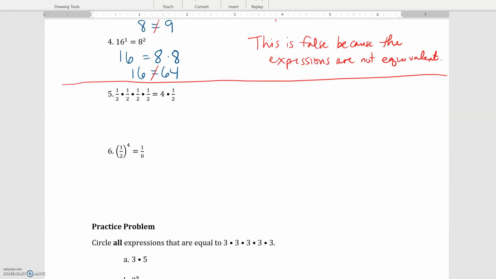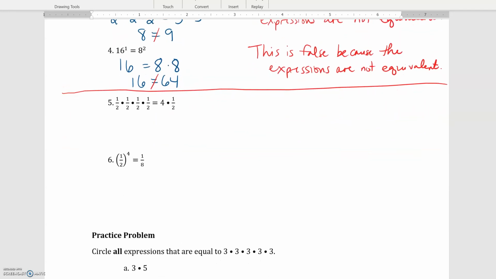Now in 5 and 6, we're going to see that we now have fractions as our base. But this should not change what they represent. So I'm going to look at number 5 and model that for you, and then you will do number 6 on your own to test if it's true or false. So I see number 5 says I have 1/2 multiplied by itself 4 times, and then the right side says 4 times 1/2.